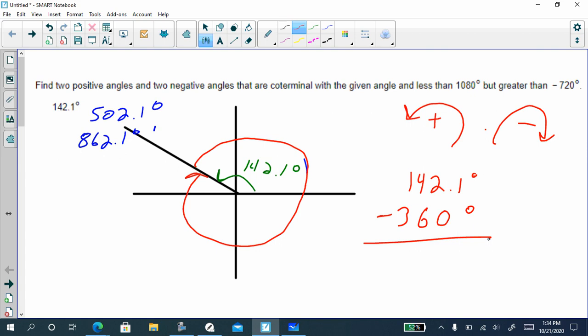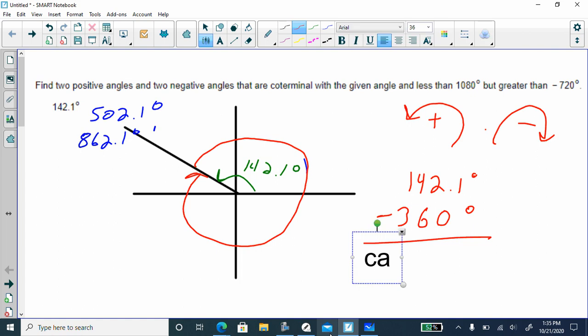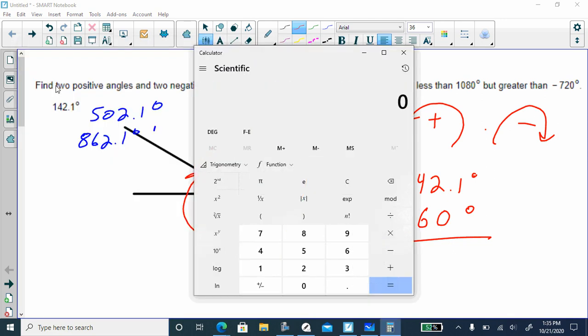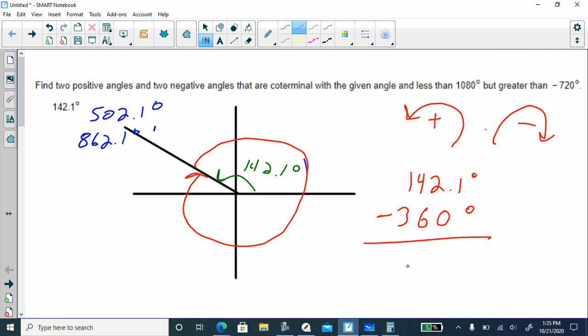And 142.1 minus 360, get my calculator out. 142.1 minus 360. That gets us to negative 217.9 degrees. So that's an angle that is coterminal.